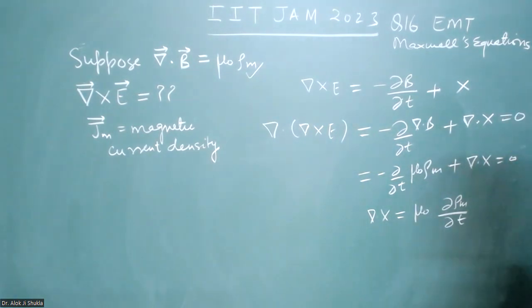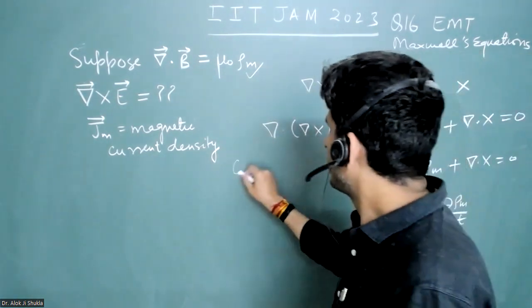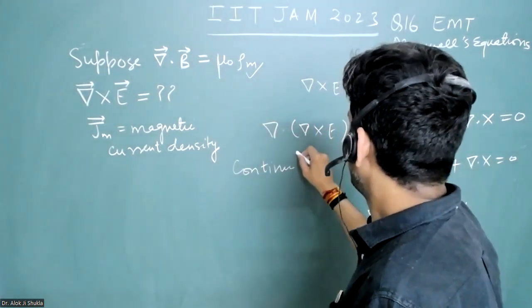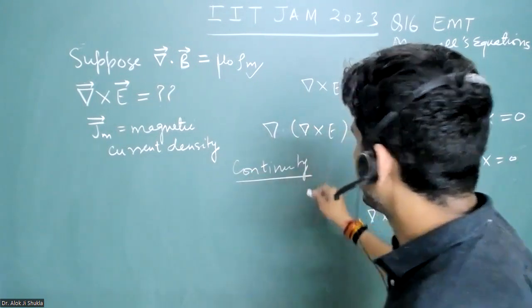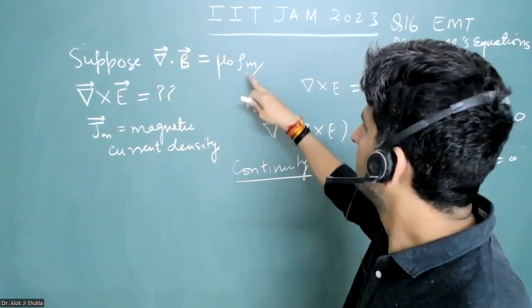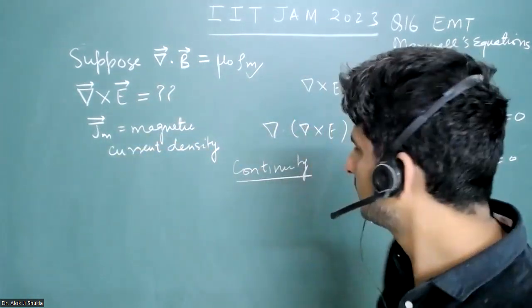Okay. So by the continuity equation, we generally apply the continuity equation for charge, but let us apply it for magnetic charge in the same way, because if this will exist, there will be Jm also.